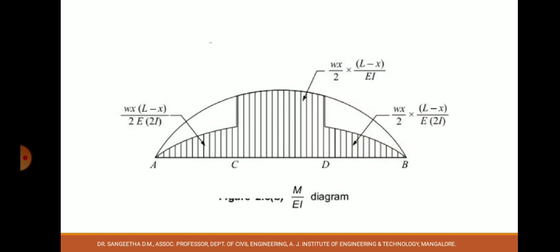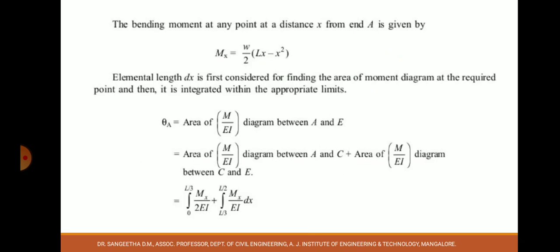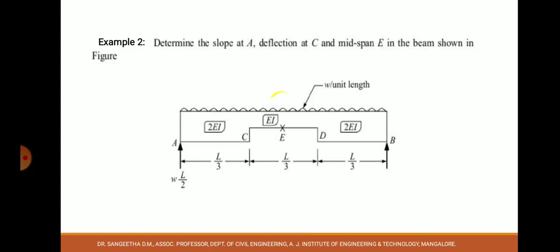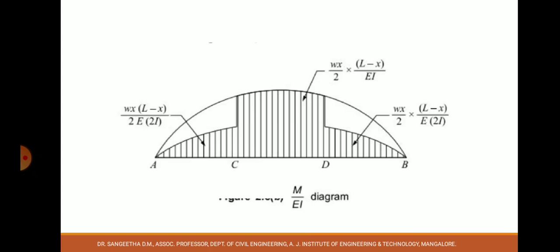So you will get W x by 2 into L minus x. This is the standard value of Mx. At the central span, it is divided by EI. This is the parabolic curve, and this is the central value divided by EI. So this numerical stays as it is.